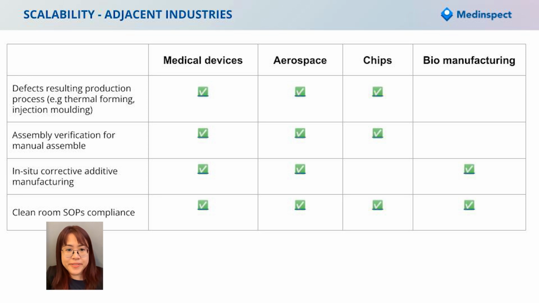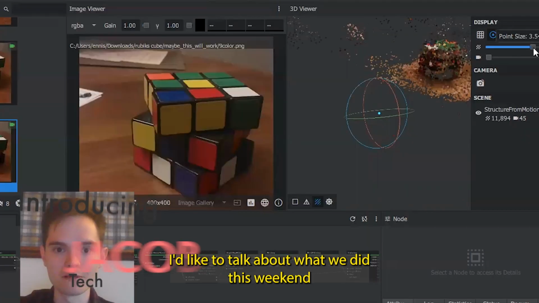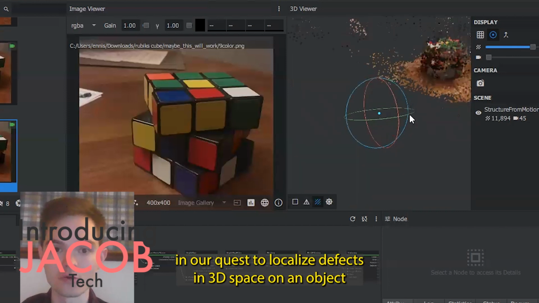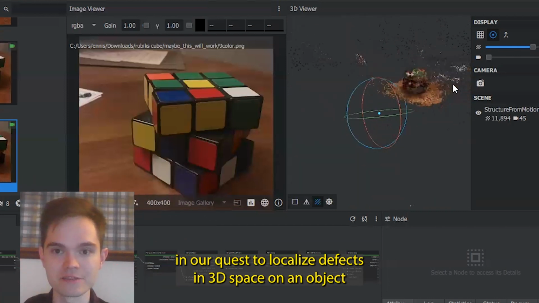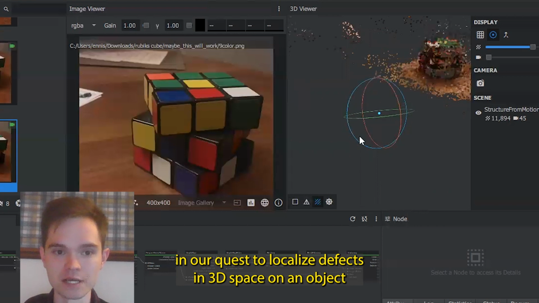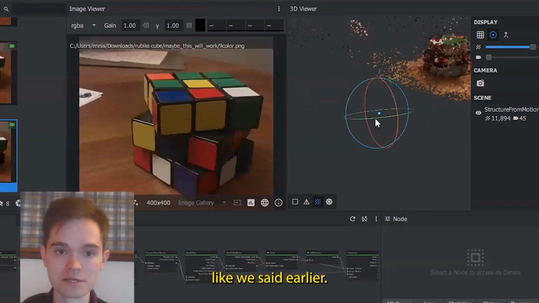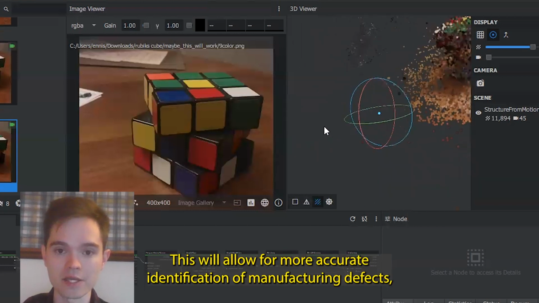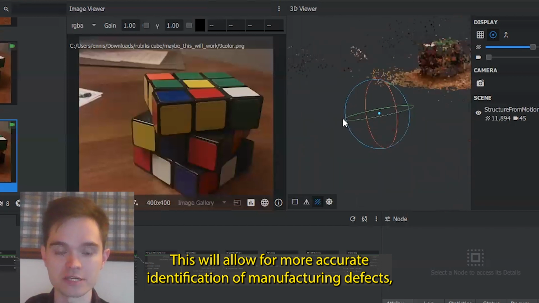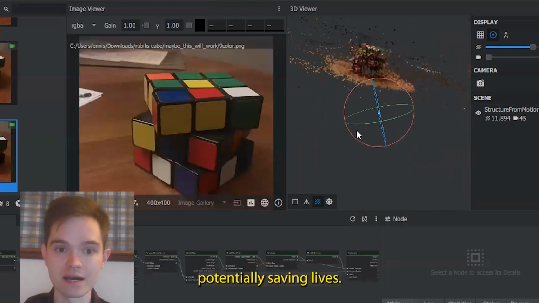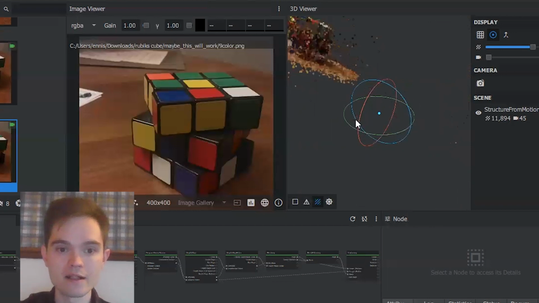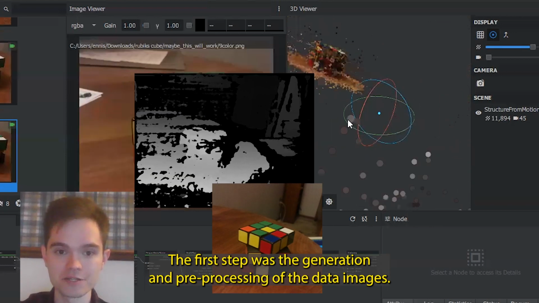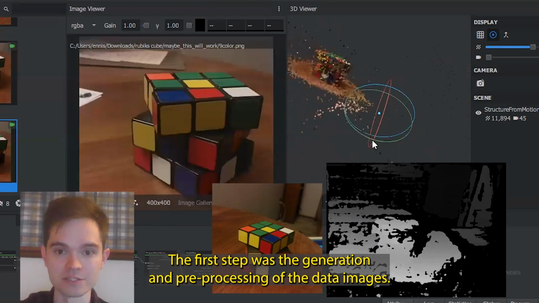I'd like to talk about what we did this weekend in our quest to localize defects in 3D space on an object. Like we said earlier, this will allow for more accurate identification of manufacturing defects, potentially saving lives. The first step was the generation and pre-processing of the data images.